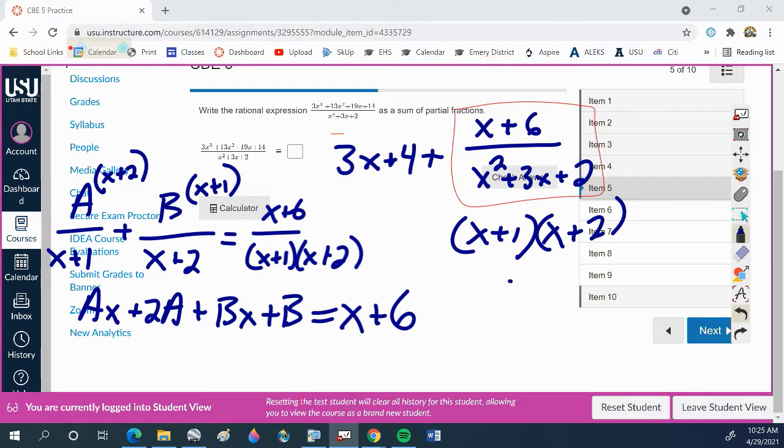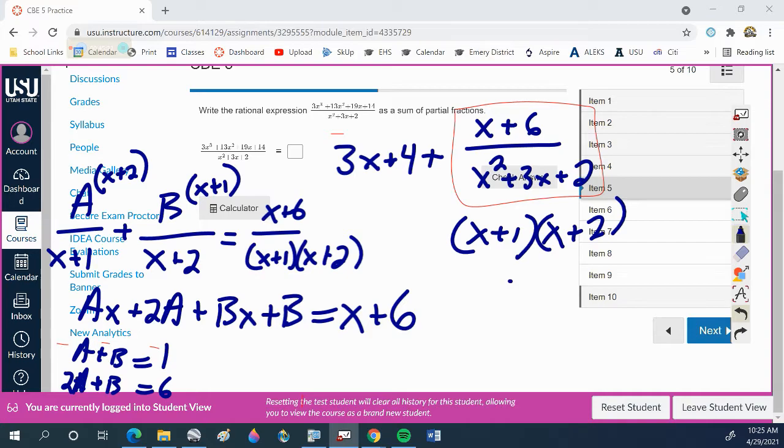Okay. Now I filter out the two equations: a plus b equals 1, and 2a plus b equals 6. So I'm going to turn the top one into negatives and add vertically. Oh, that's an a, sorry.